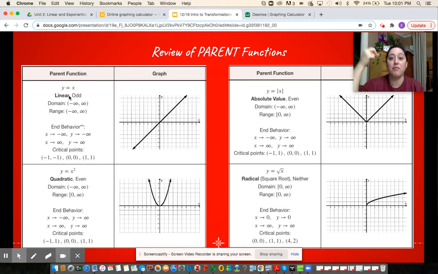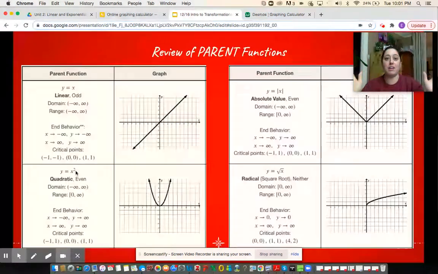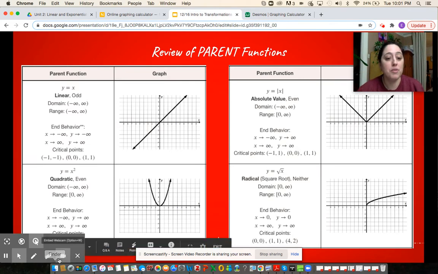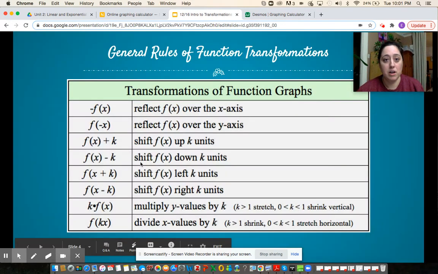As soon as I see an x to the second, I know it's quadratic just by looking at it. Any equation with x to the second in it has to be a quadratic. Review those if you need to, for today's lesson and in the future.